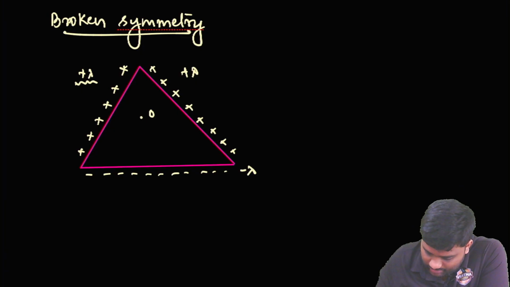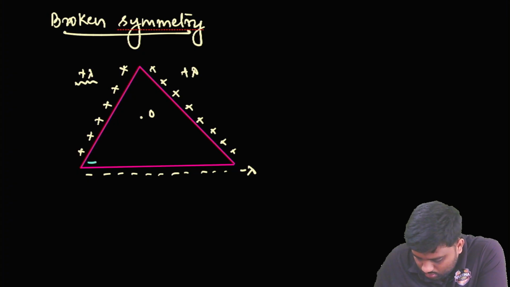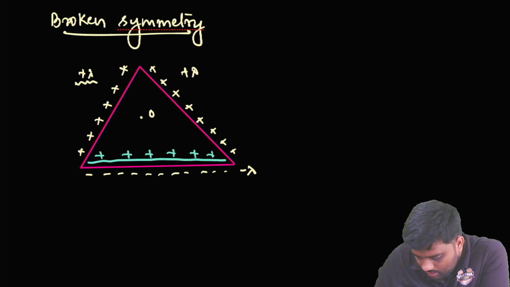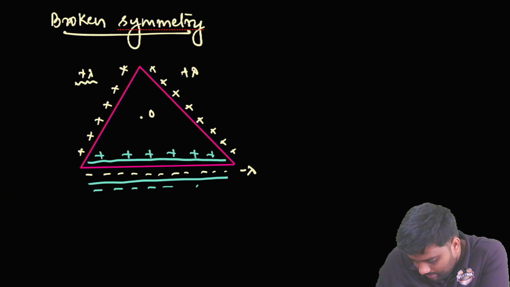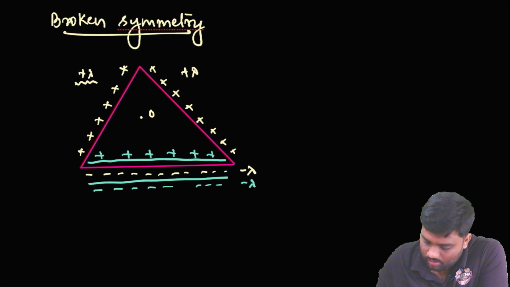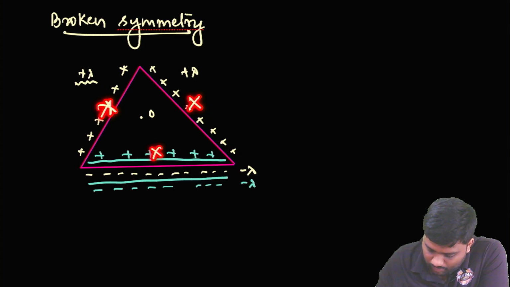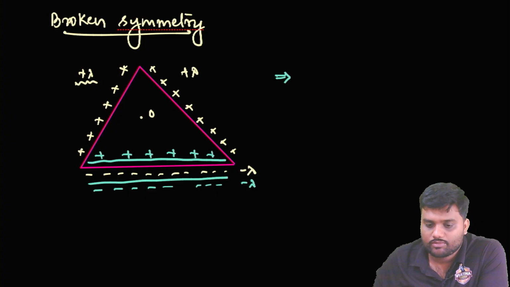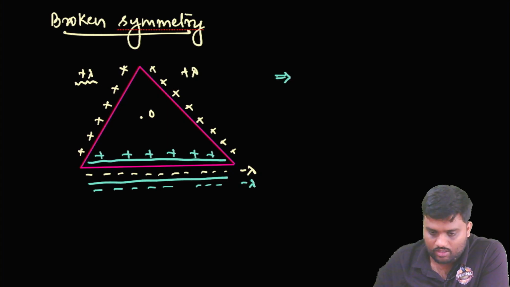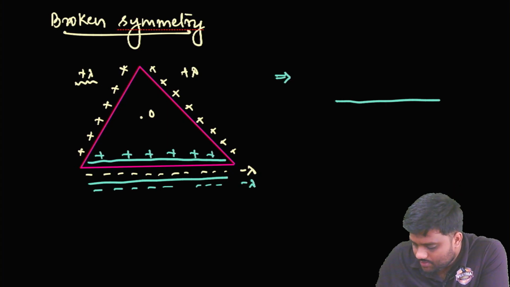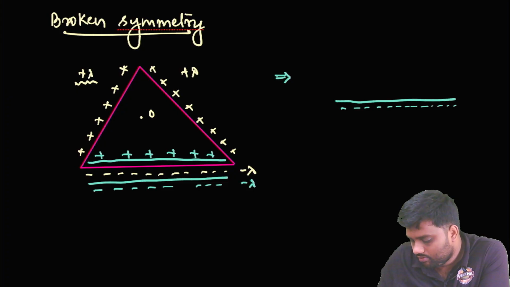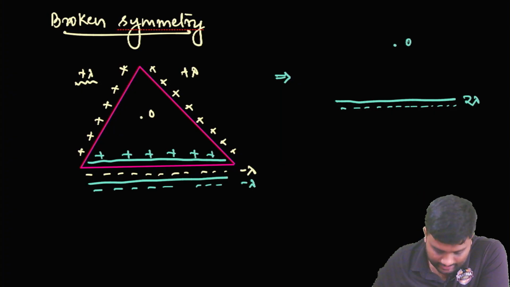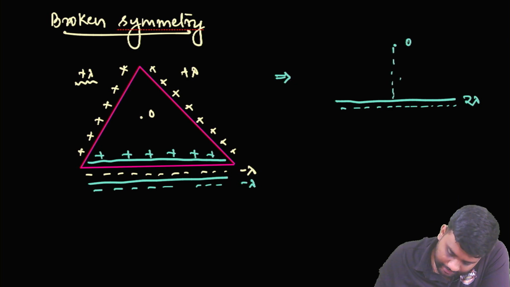If I take one wire of plus lambda and another of minus lambda, then because of the positive and positive, the electric field at point O will come out to be 0. Yes or no? Now what is leftover? You are having a wire of charge 2 lambda. At this point you need to find the electric field at the distance r.